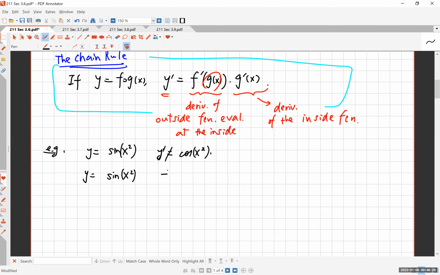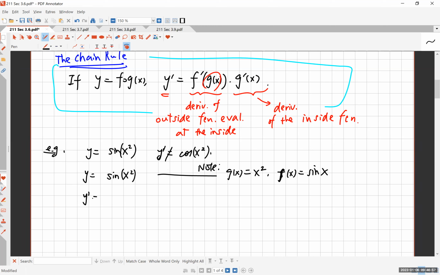Let's note, g of x is x squared. That's the first thing you do. And then f of x is sine of x. So the composition of these two functions is f of g, which is sine of g of x, sine of x squared.